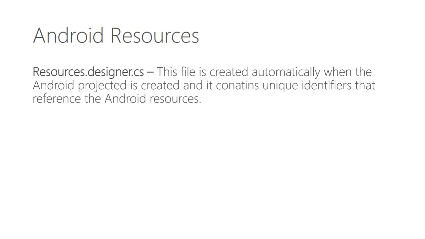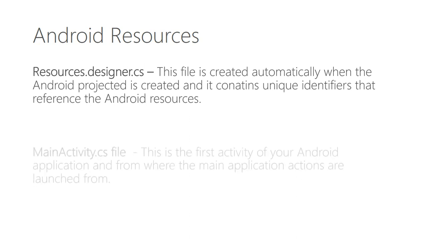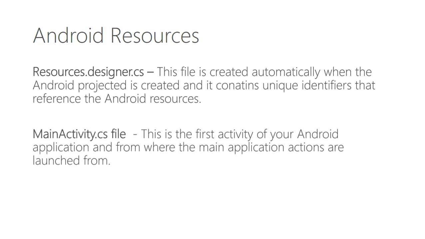This file is created automatically when the Android project is created, and it contains unique identifiers that reference the Android resources. MainActivity.cs file. This is the first activity of your Android application and from where the main application assets are launched from.